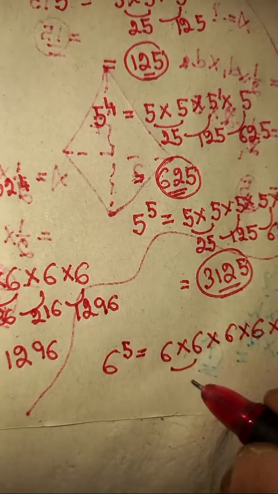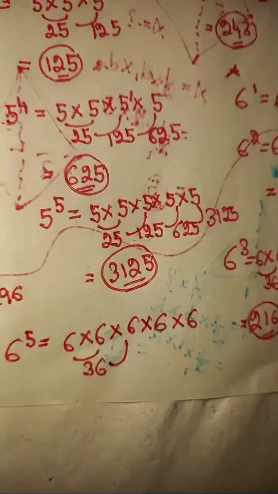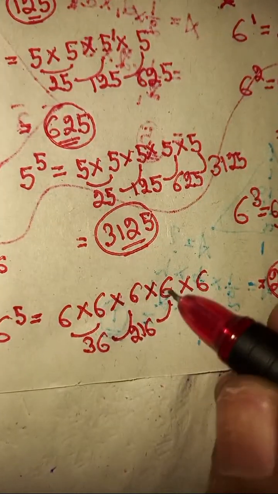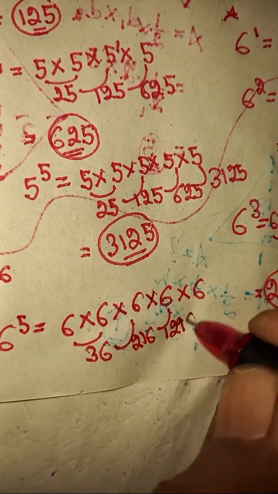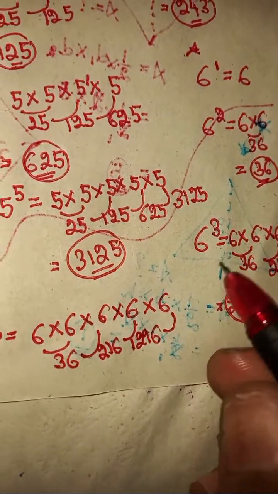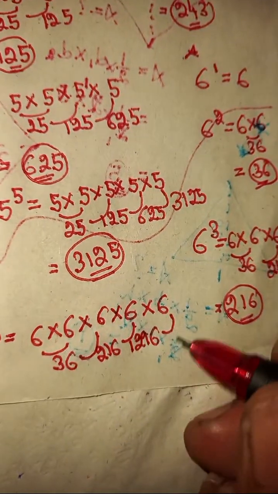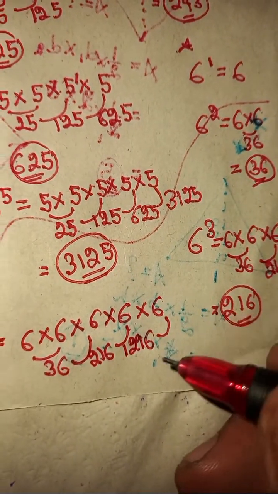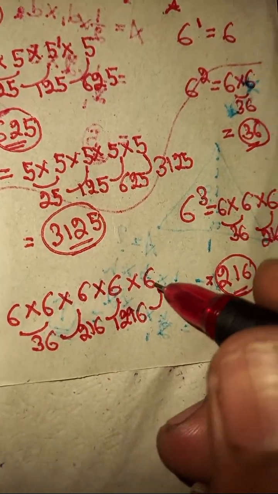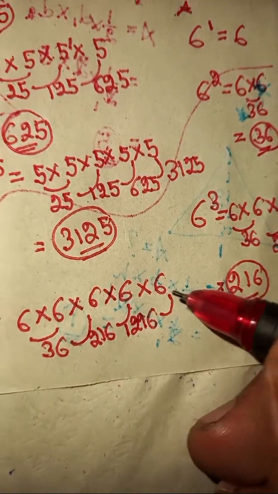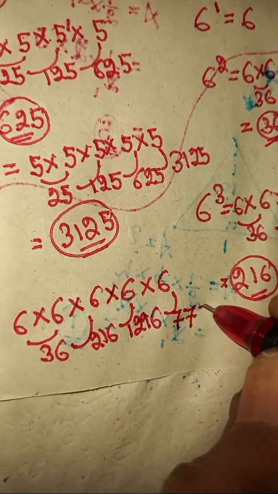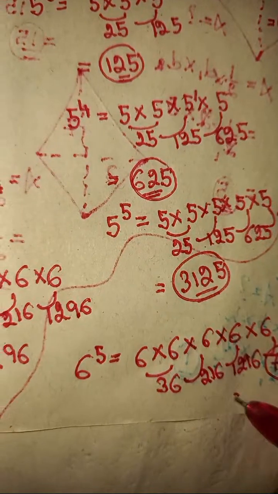Now 6 times 6 is 36. 36 times 6 is 216. 216 times 6 is 1296. 1296 times 6 is 7200 plus 600 minus 24, which is 7200 plus 600 is 7800, minus 24, 7776. That's the final thing.